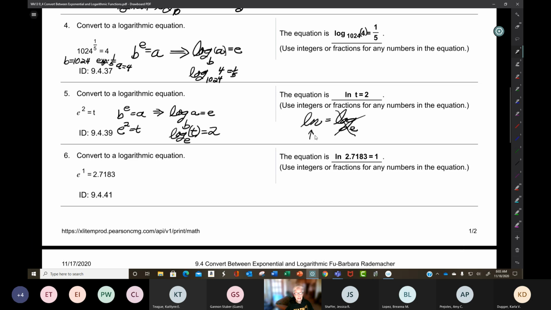The natural log of t equals 2, which means that e squared equals t. It's just a matter of remembering where b and a and e go.